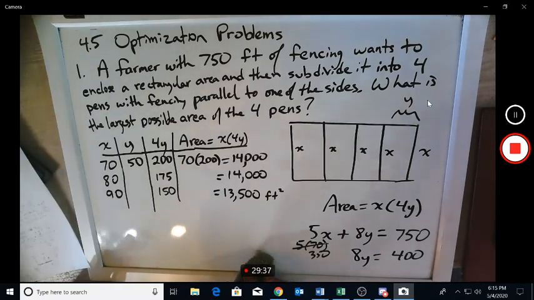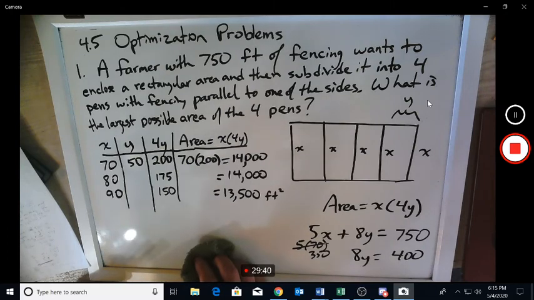Now let's get into optimization theory. How do you optimize with calculus?